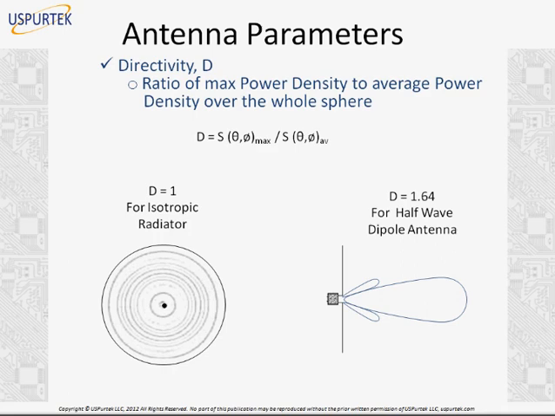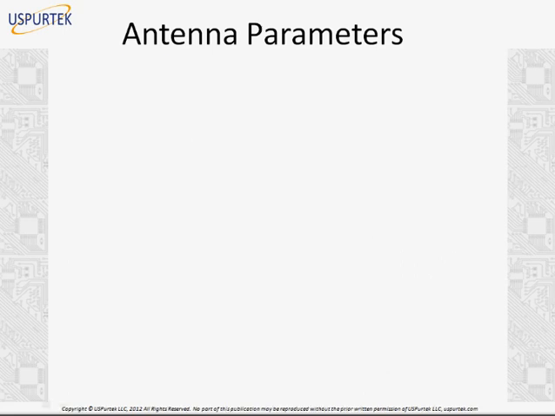On the left-hand side, you have the isotropic radiator, which has a directivity of 1 because it uniformly radiates in all directions. It has no preferred direction. In a real-life half-wave dipole antenna, the directivity is measured to be 1.64. The higher this number D, the more directional the antenna is. Typically, parabolic or dish antennas will have much higher directivity because they also have a very narrow beam.